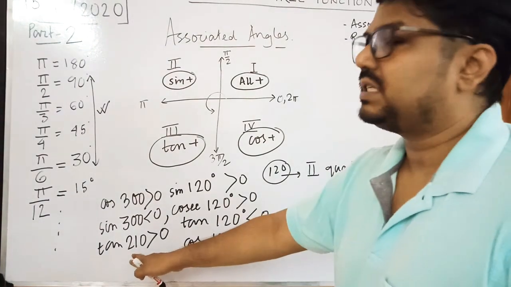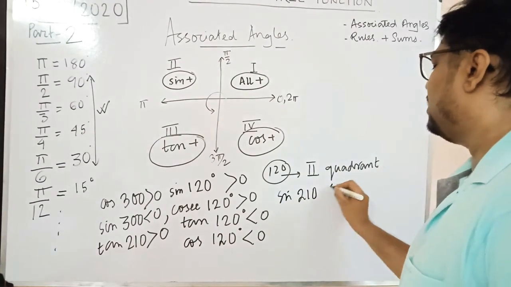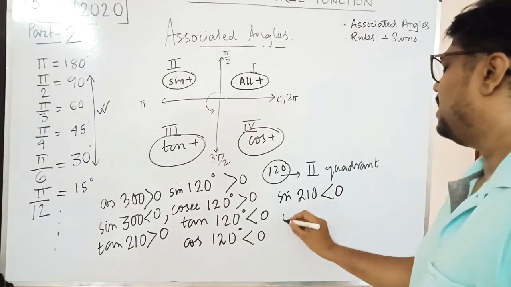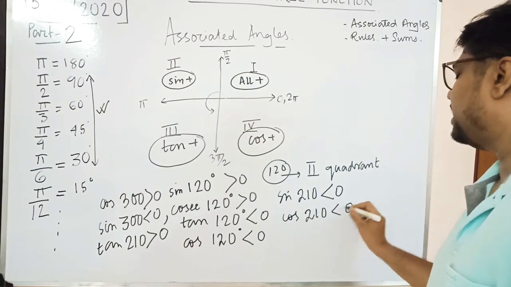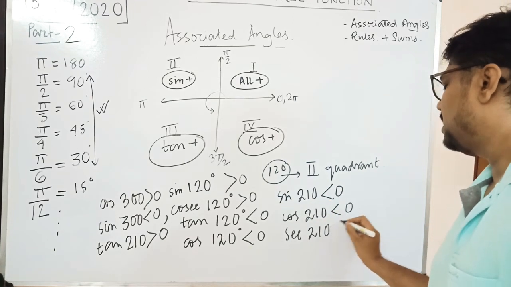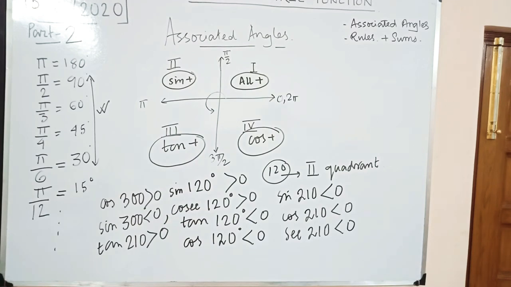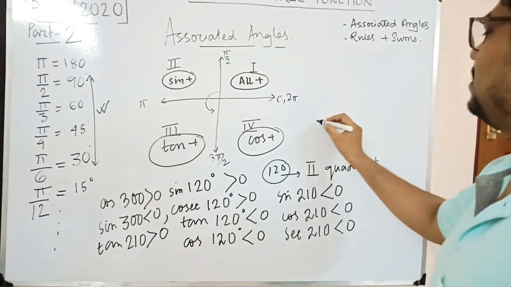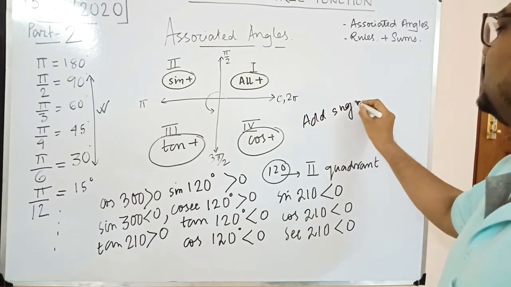But when you go for sine, say sin 210 degree, it turns negative. Or cos 210 degree, it will turn negative. Sec, which is the reciprocal of cos, will also turn negative. So in short you can say all sin tan cos, that means add sugar to coffee.